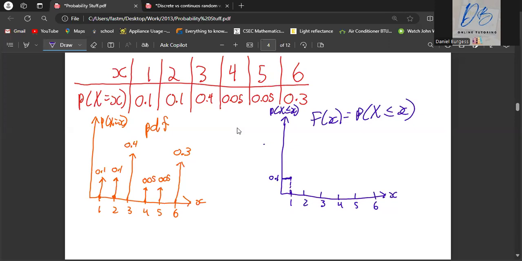So it'll be 2 and then 1 before it, 0.1 plus 0.1, which is 0.2. So it rises up to 0.2. Then to 3, less than or equal to 3: 0.4, 0.1, 0.1, so it'll be 0.6. It rises up to 0.6.